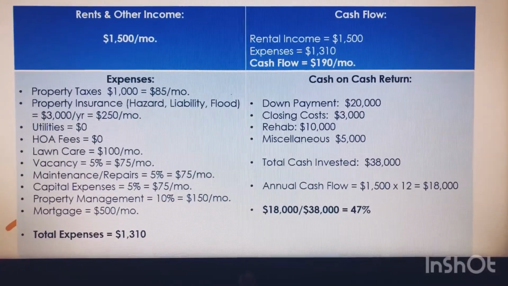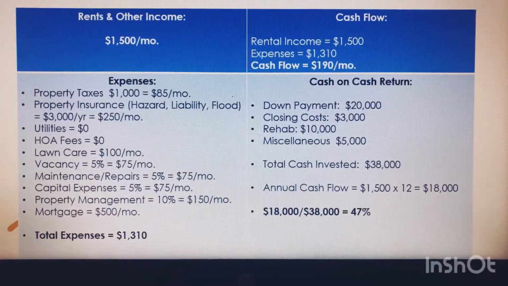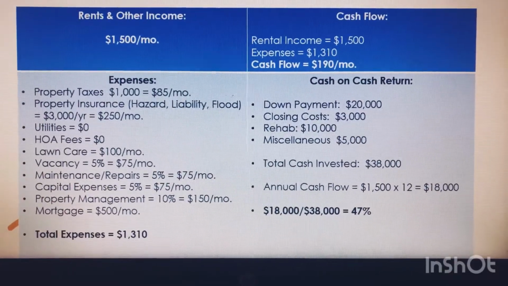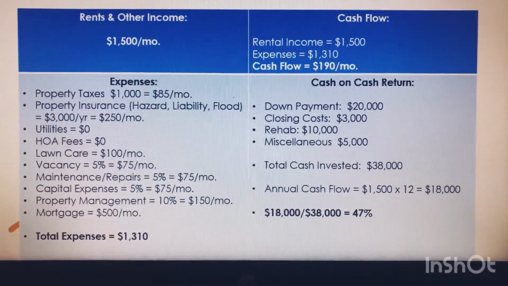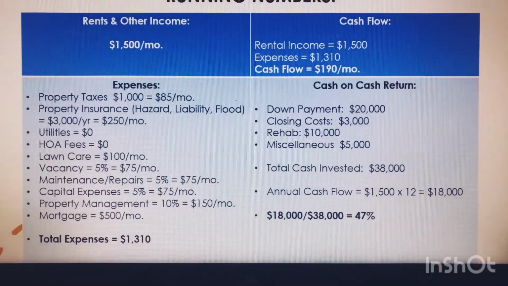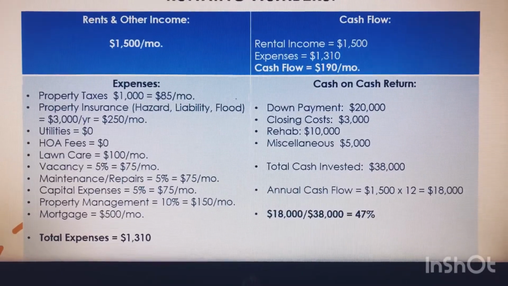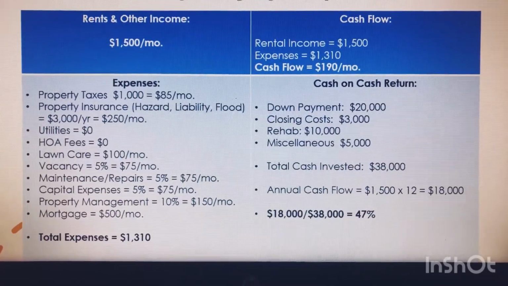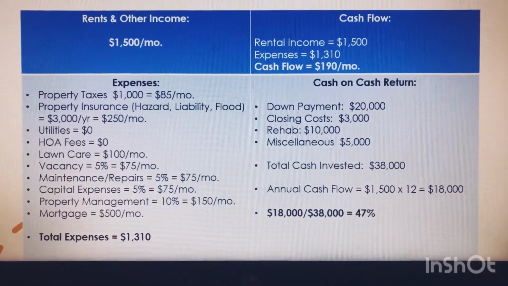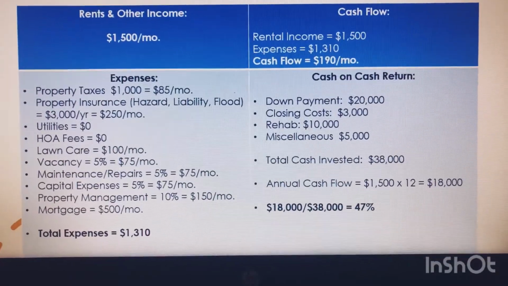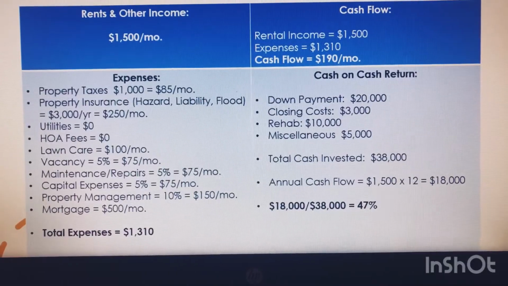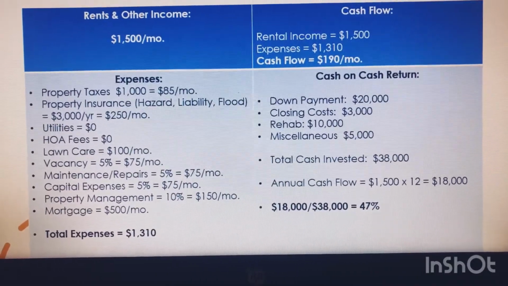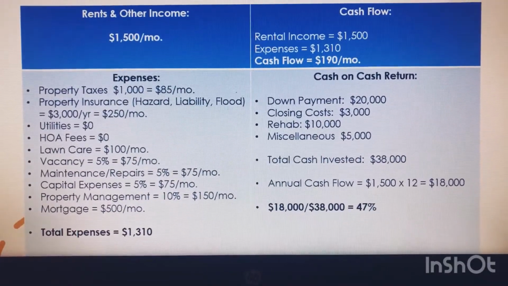Maybe you got to go in and patch some sheetrock, or, who knows? I mean, there's all kinds of things that you need to do to make sure your property stays maintained and stays in good shape. So what do I do? I'll put aside, again, 5% of the rent each month into maintenance and repairs. And again, this all goes into a savings account or something like that, where it's just building up until you need to pull it out. And so that would be $75 a month.